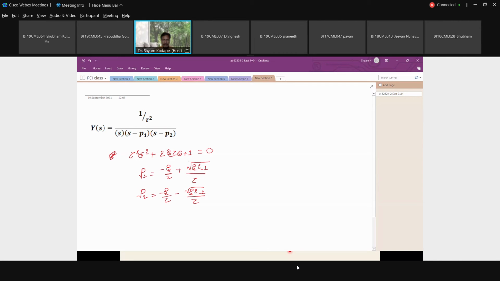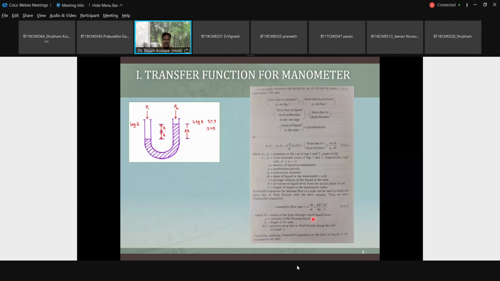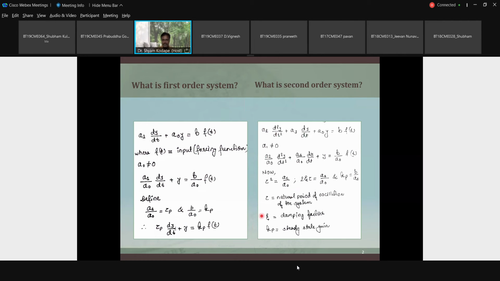See, I said earlier that y will be a function of P1 and P2. Now here P1 and P2 are functions of psi. What is psi? Psi is the damping coefficient, the damping parameter, the damping factor.